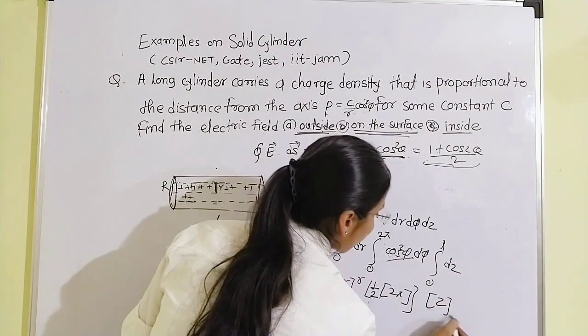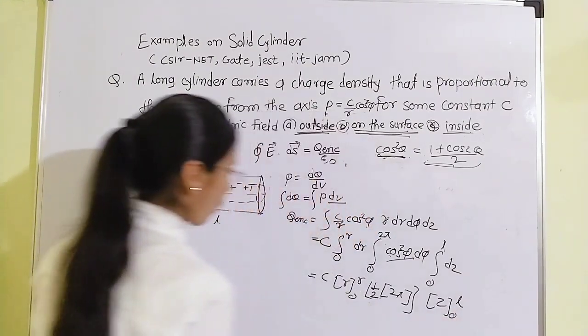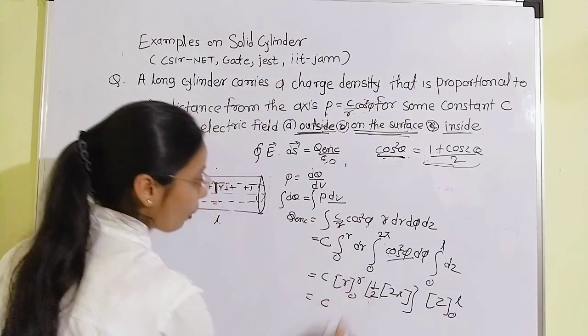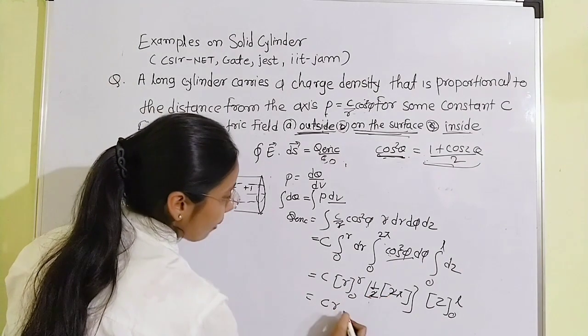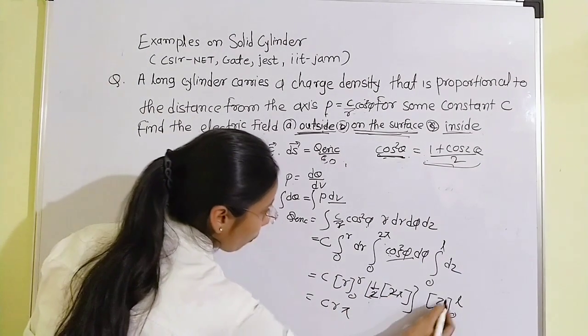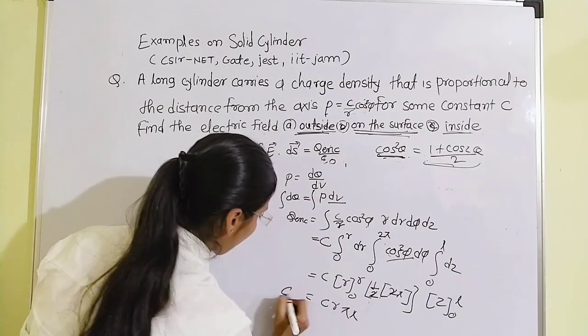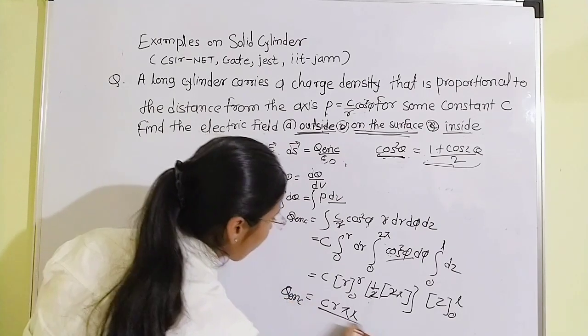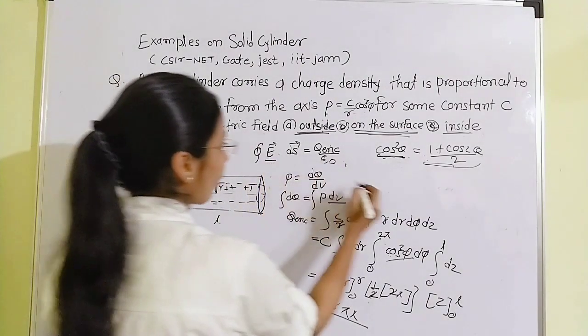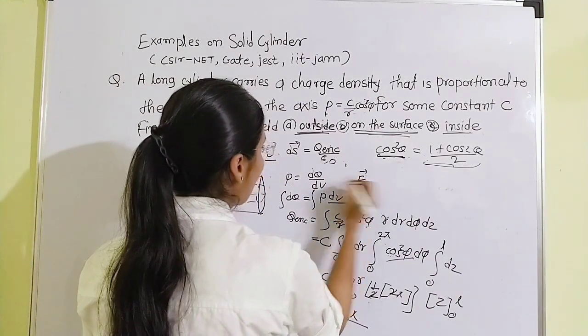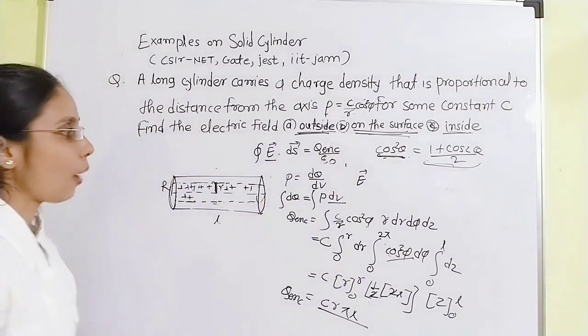So this is the z, so 0 to L. So here we have to put this limit as R. So this 2 gets cancelled, this pi, and this is the L. So Q enclosed is equal to C R pi L. So we have to find the electric field. The electric field is constant, so we will take it outside.